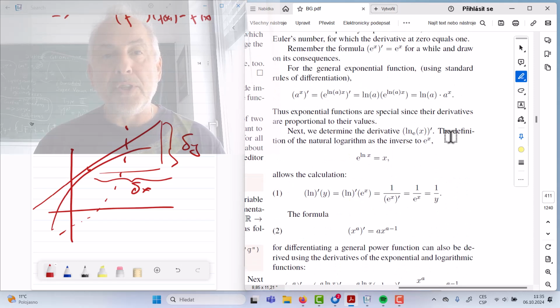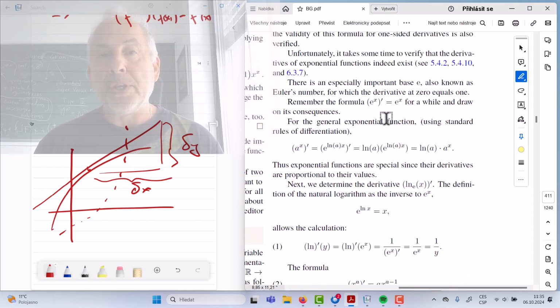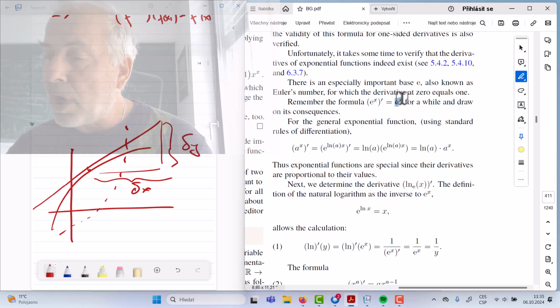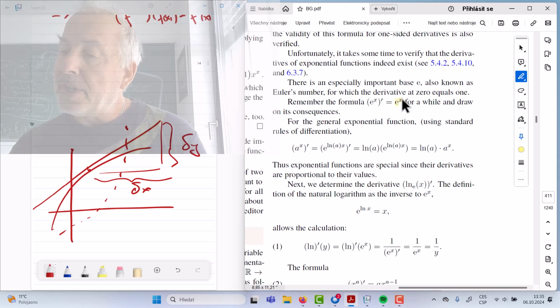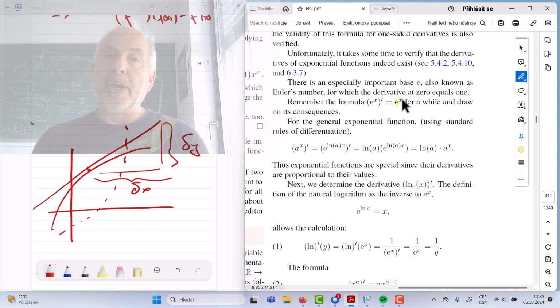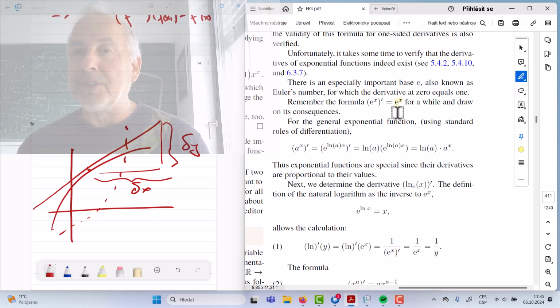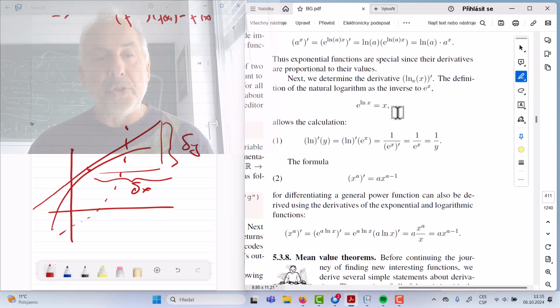But let's believe it does, and then there is a unique base which is called the Euler number e, so this one, where the derivative in 0 will not only exist but will be 1. So this is a unique function which grows as fast as it has the value at the moment, right? So that's very good.